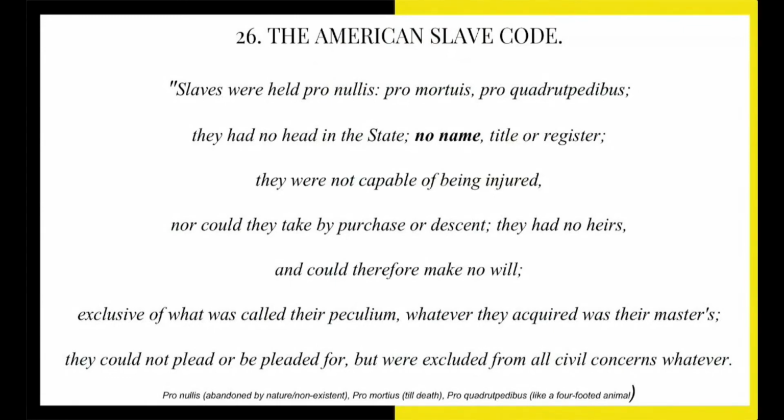So identicide was legalized because the slave codes, which began in the Caribbean and were then used as a template for the American South and subsequently the Francophone and the other Antilles, basically said that slaves were held pro nullis, pro mortuis, pro quadrupedibus, and they had no head in the state, no name, title, or register.